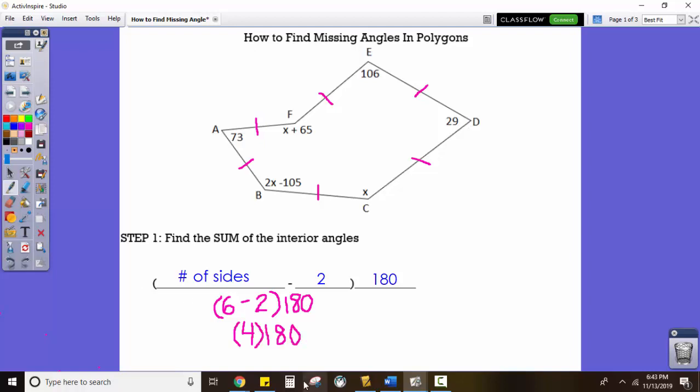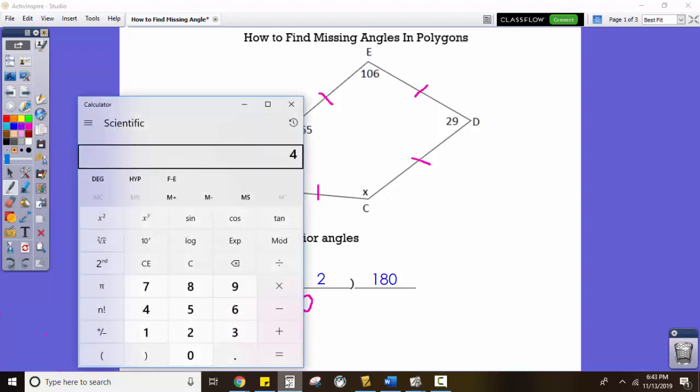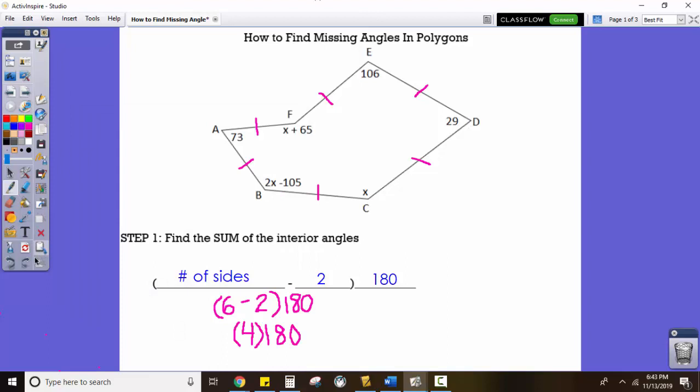And then 4 times 180, use your calculator if you're not sure, is 720 degrees. So equals 720. That tells me that in this 6-sided figure, there should be 720 degrees.